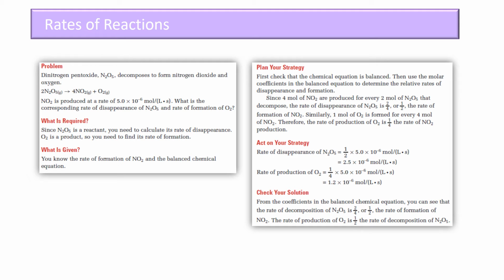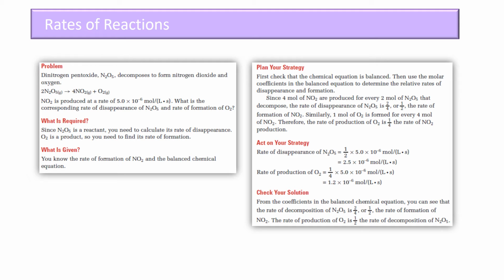So we can calculate the rate of disappearance of N2O5 is equal to 1/2 times 5.0 times 10 to the negative 6 mole per liter times second, given in the question, which equals 2.5 times 10 to the negative 6 mole divided by liter times second.